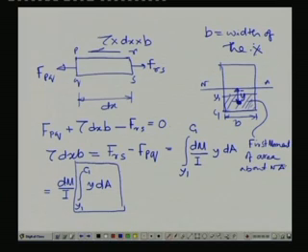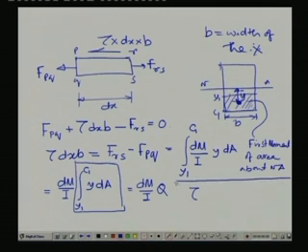It is customary to write this as dM by I into Q. Therefore, the magnitude of shear stress we are computing is dM by dx into Q by Ib.